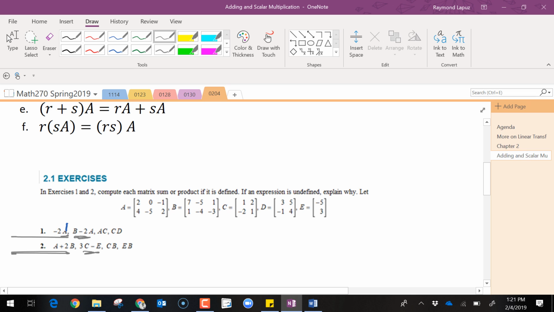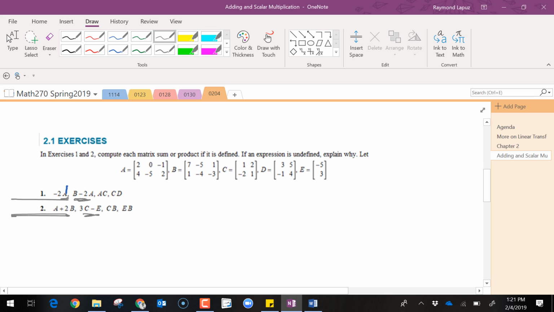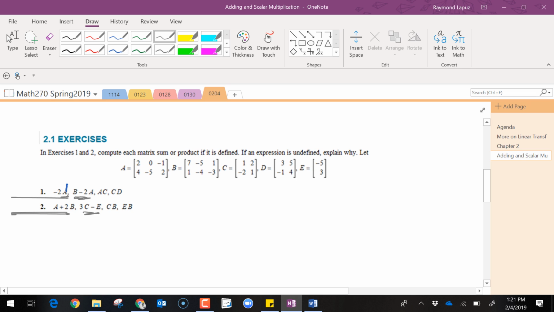Let's do some examples that involve scalar multiplying and adding and subtracting, and then let's put off the multiplication until the next page after we take a look at a couple of other properties. So let's take a look at what -2 times A would look like. -2 times A takes the A matrix and multiplies every single entry by -2.